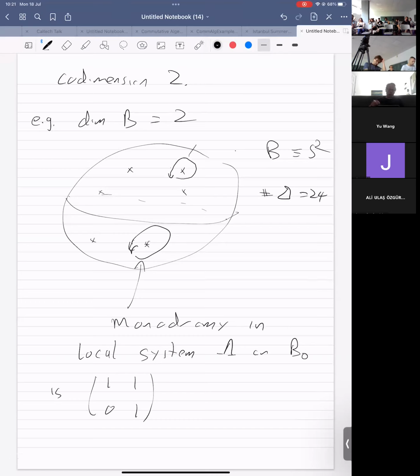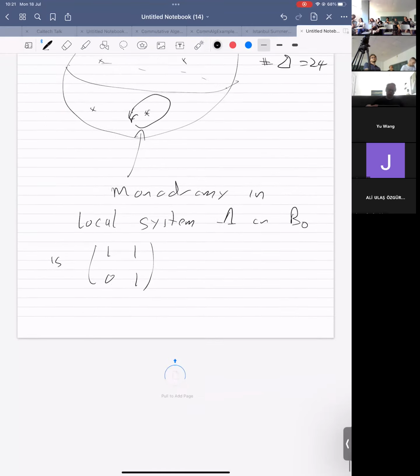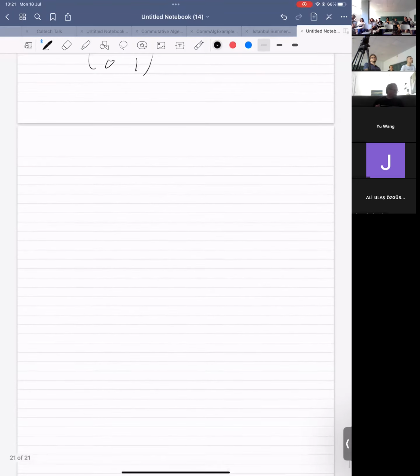Okay, so now comes our problem. We have this lovely correspondence between X of B and X check of B, which will be this very toy version of mirror symmetry. But now we have only X of B0 sitting over B0 and X check of B0 sitting over B0.